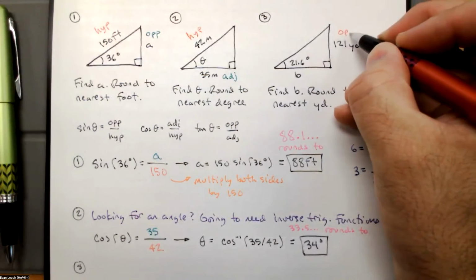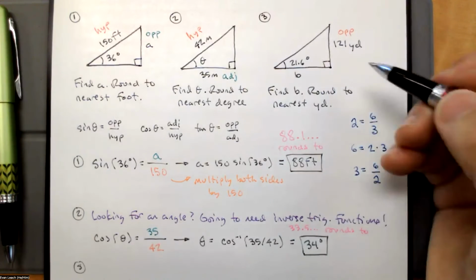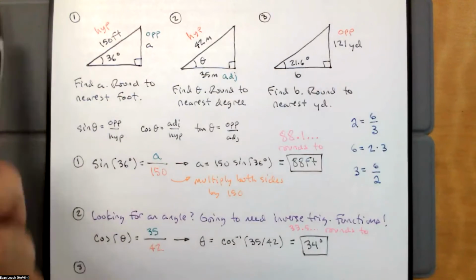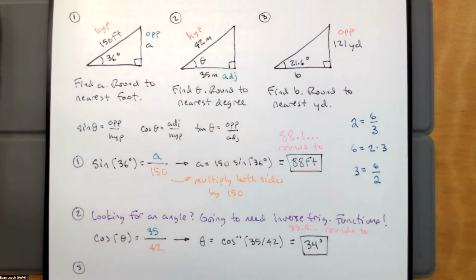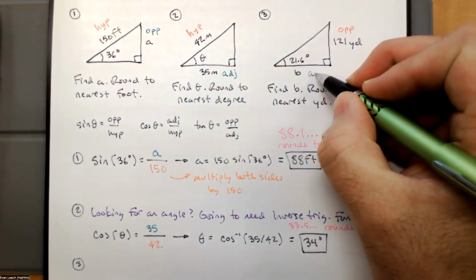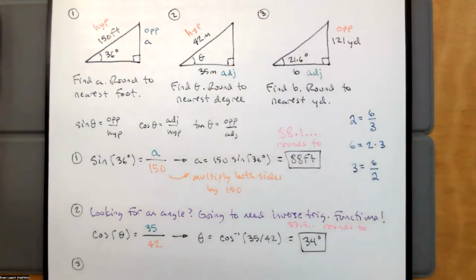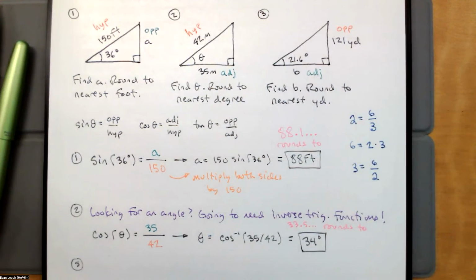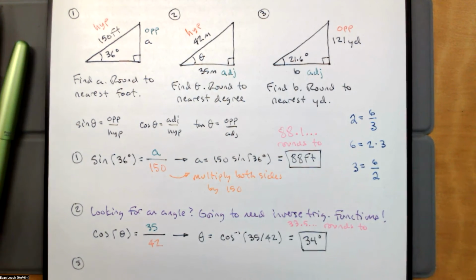So one of our given things is the opposite. And what is B, the side that we're looking for, relative to the angle? Adjacent. So I need a trig function that involves opposite and adjacent. What trig function is that? Tangent. That way we have a full set: sine, cosine, and the next one is tangent. This is predictable.